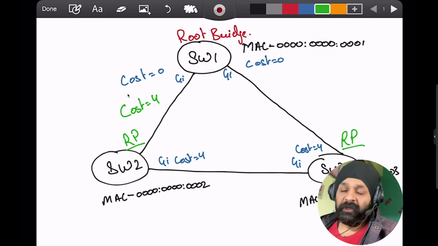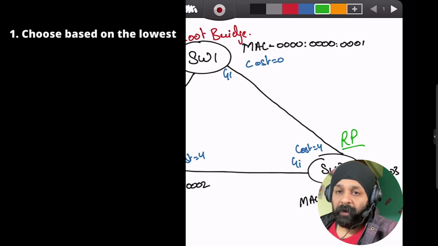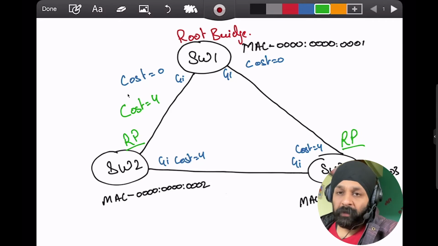Now there are some cases where more than one port can become a root port. In those cases, the tie is broken by a 3-step process. The first is that the lower bridge ID on the neighbor will become the root port. This is only in the case where multiple ports have the same cost to reach the root switch or the root bridge.